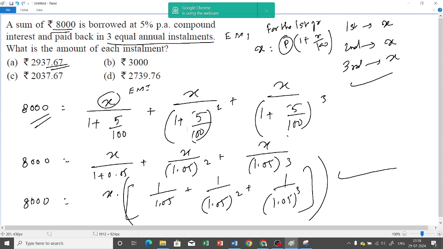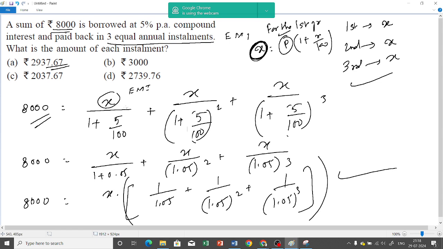You are not going to divide 8000 by 3 and pay that, right? You are going to pay something more. If you divide 8000 by 3, you will get a lesser value, but you are paying something more than that, and that more value is only this x. This is the final value.